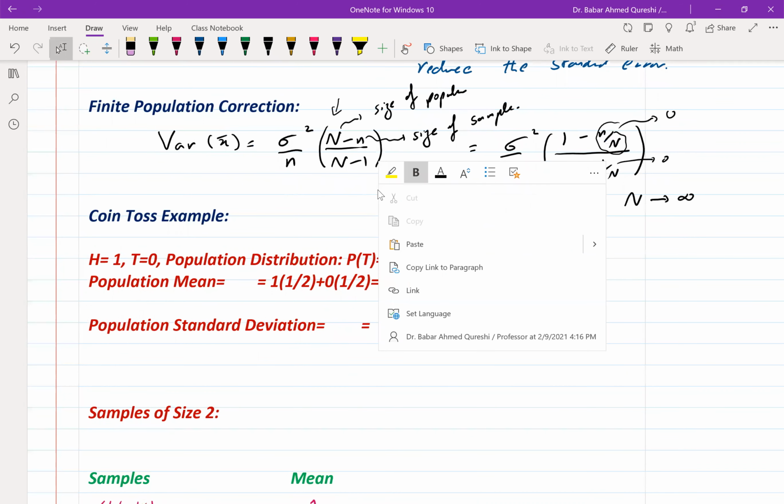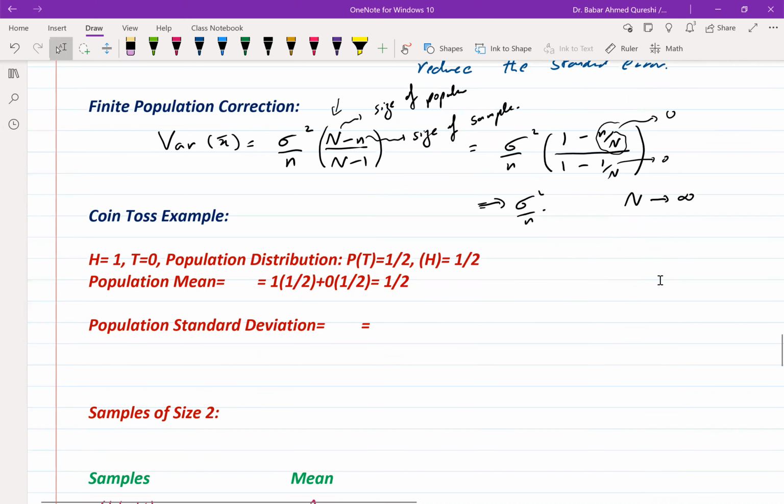So let's do this example of applying this formula. Now, let's go back to the example which we did last time as well. You are doing coin toss. You can imagine that you have an infinite number of coins available because you can toss them an infinite number of times.